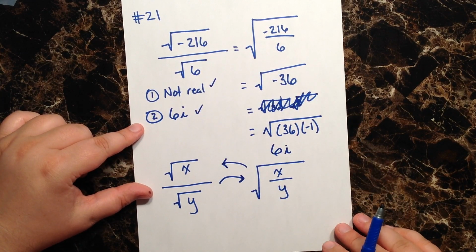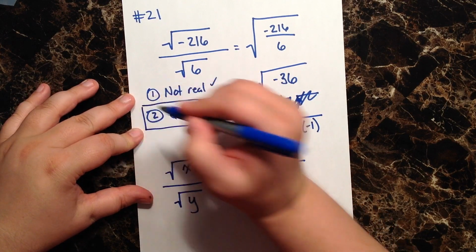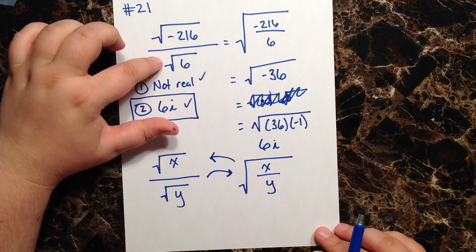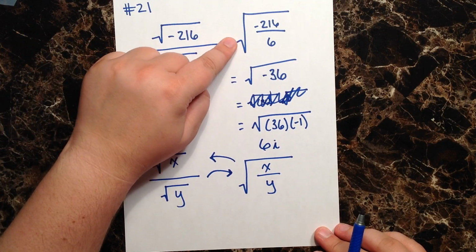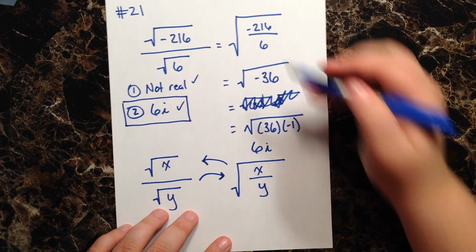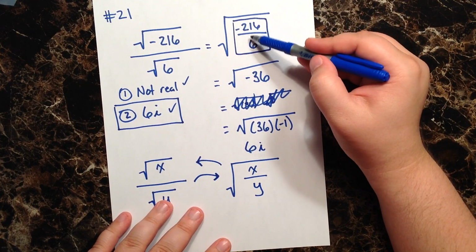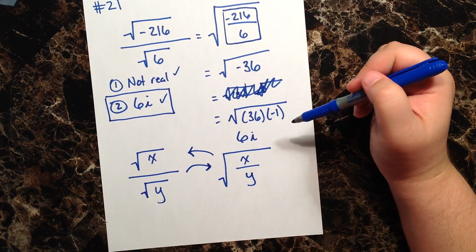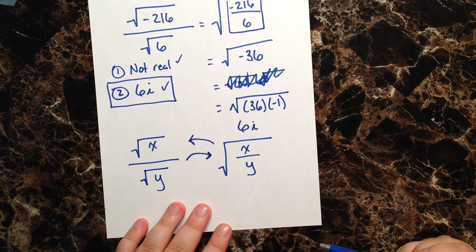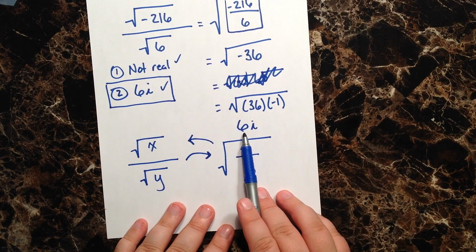I think in this case, the answer key for the practice exam gives us 6i as the answer. Let's run through that really quickly. They give us a radical over a radical, which we rewrote as negative 216 over 6 under one single radical. We reduced the fraction: negative 216 divided by 6 is negative 36, which is the same thing as positive 36 times negative 1. 36 is a perfect square, and it comes out as a 6.